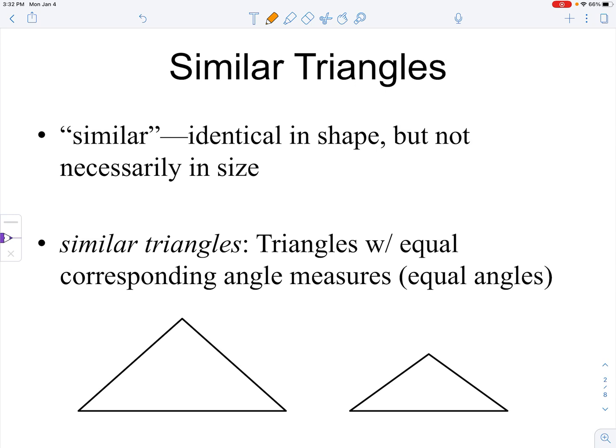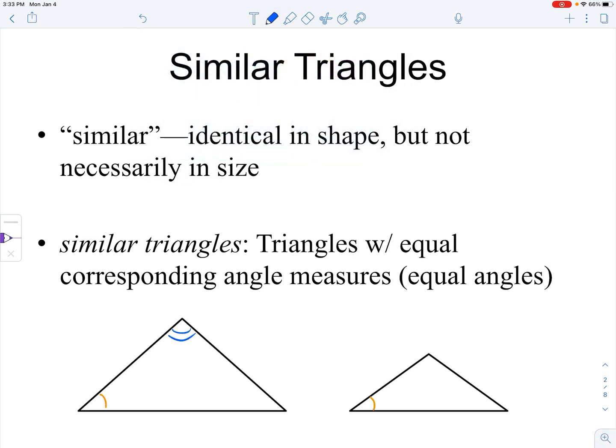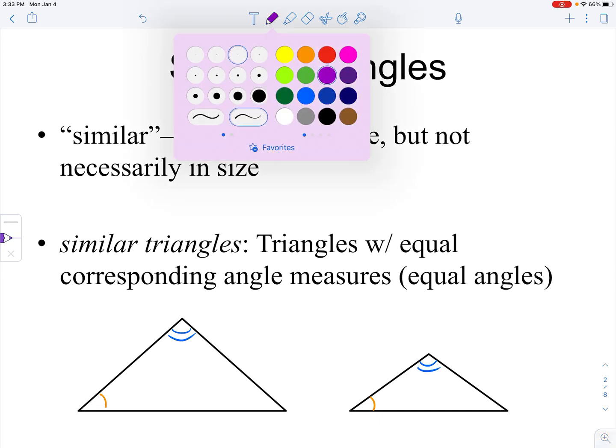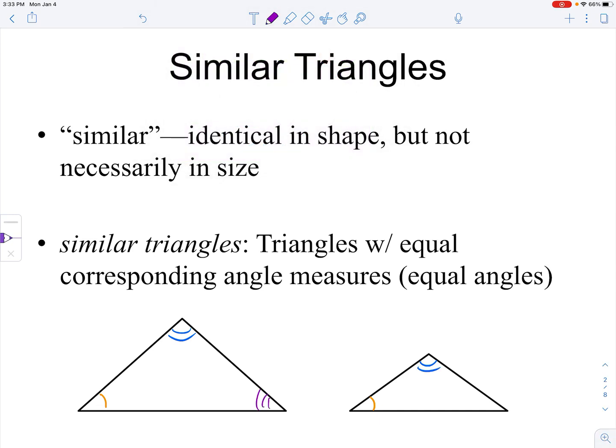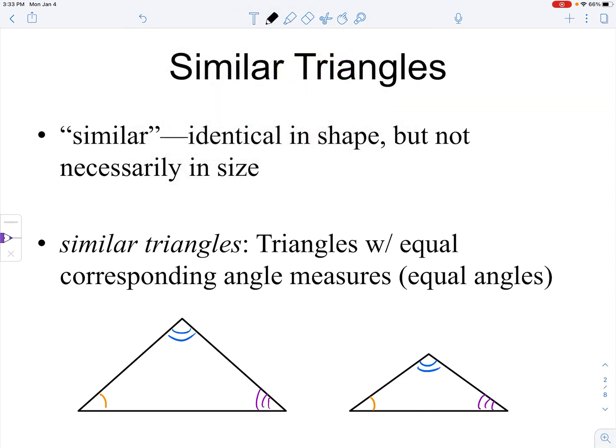So if these two triangles were similar triangles, you could think of me using the Notability feature where I just resize that first triangle and shrink it down a little bit. That would mean that this angle would be equal to this angle, this angle would be equal to this angle, and this angle would be equal to this angle.